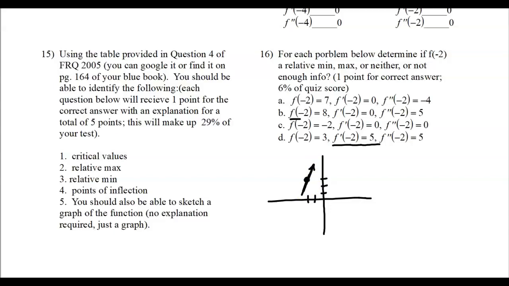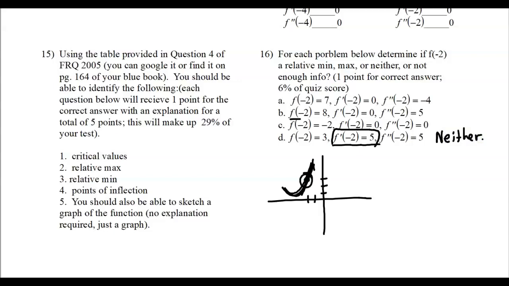And my concavity is positive, so I would have a graph that maybe would look something like this. But that's not a relative min or a max. In order to be a relative min or a max, the slope would either have to be undefined or 0, and it's not. It's 5. In order for a relative min or a max to exist, you have to have a slope that is either 0 or undefined. So this one is definitely neither.